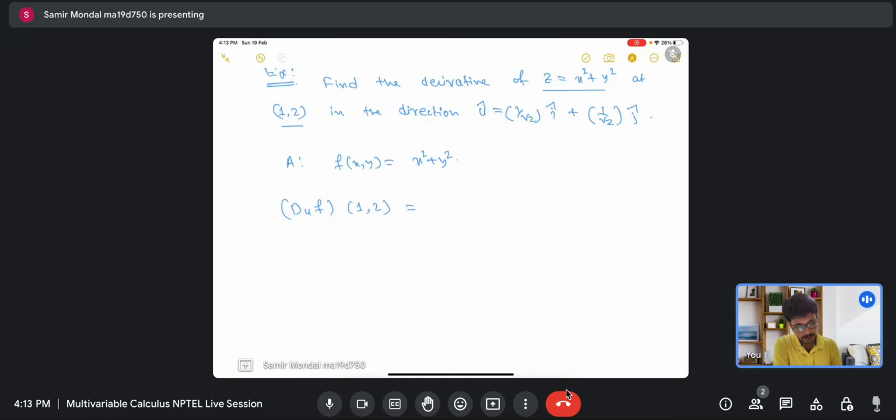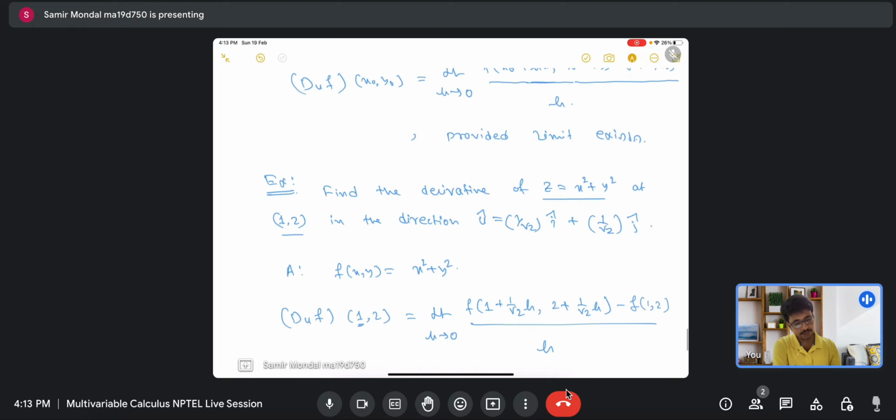You have to find the limit h tends to 0 of f of 1 plus h by root 2, 2 plus h by root 2, minus f of (1, 2), divided by h.